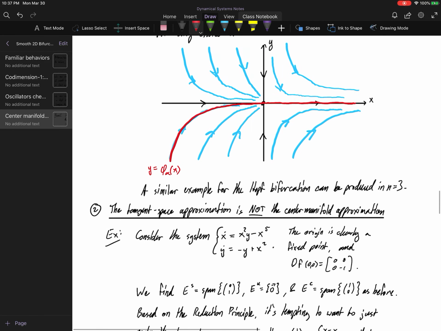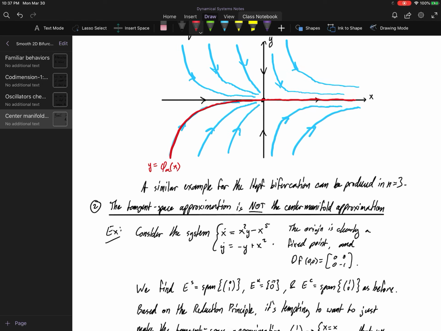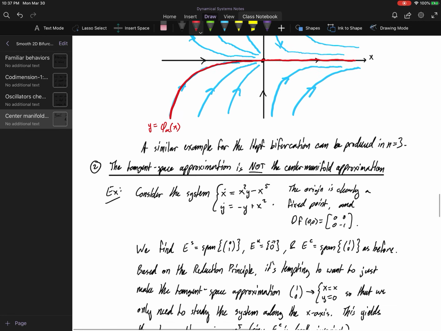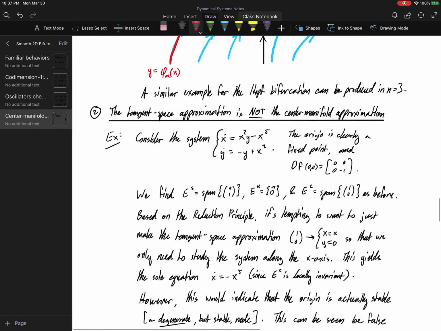There is a similar example that we can do for Hopf bifurcations. So this isn't a dimensional phenomenon. This is just an inherent property of being structurally unstable. These systems have a lot of flexibility to them, and that's something we have to work around.